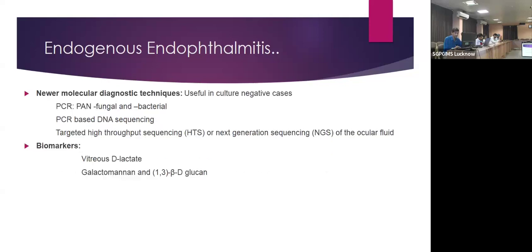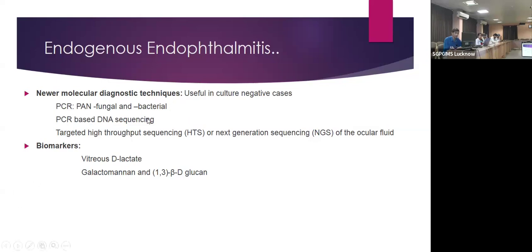These are our experiences. The newer molecular techniques are more of a research tool, such as pan-fungal and pan-bacterial PCR. I believe more in culture and sensitivity, but in negative cases people resort to this.